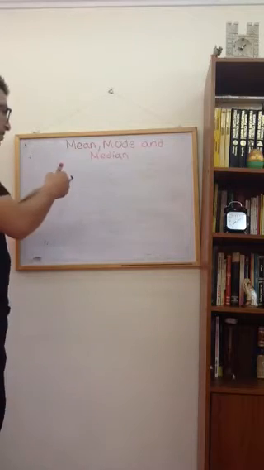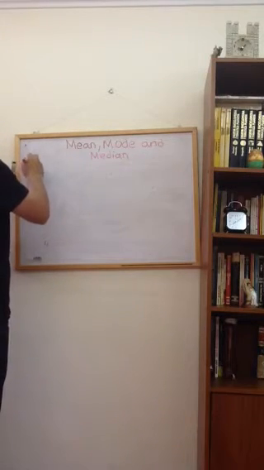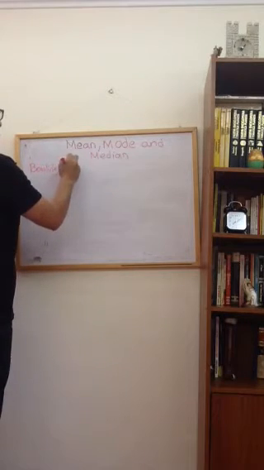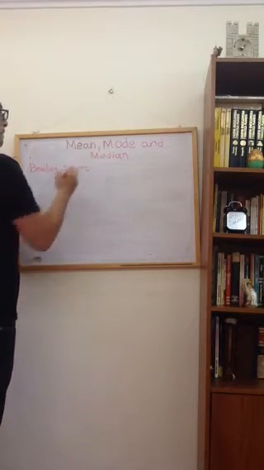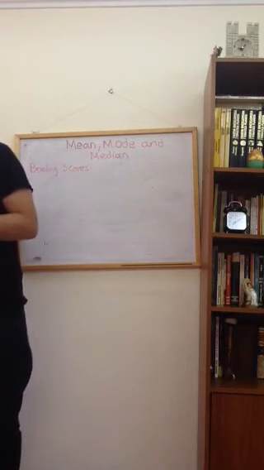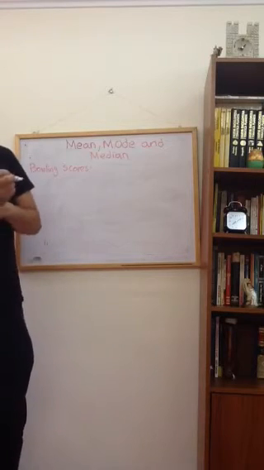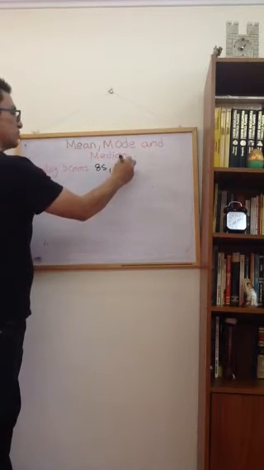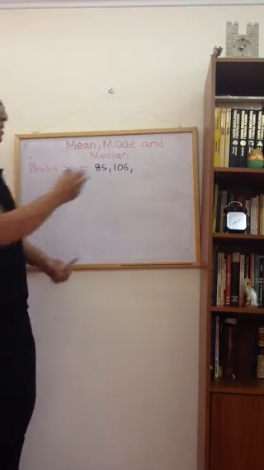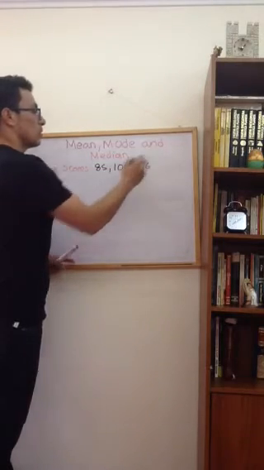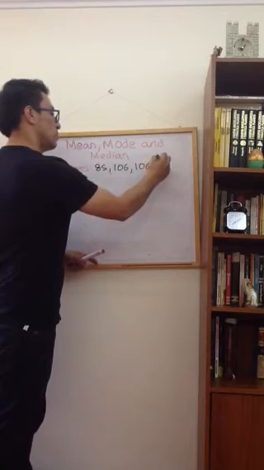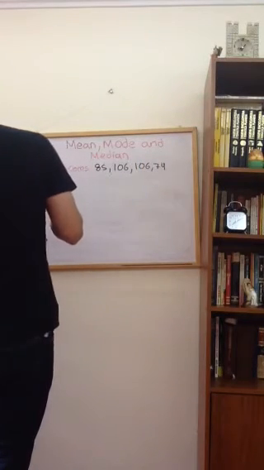The first one, they give us data that says bowling scores. Alright? So let's see what the exercise is about. 85, 106, 106, 74, and 95.